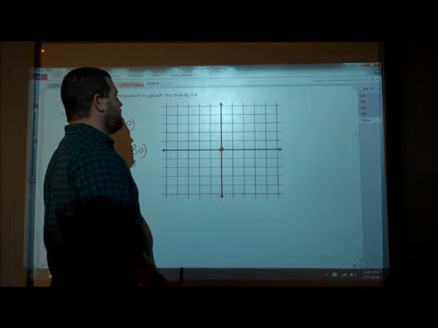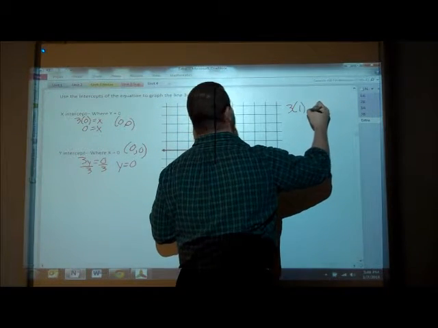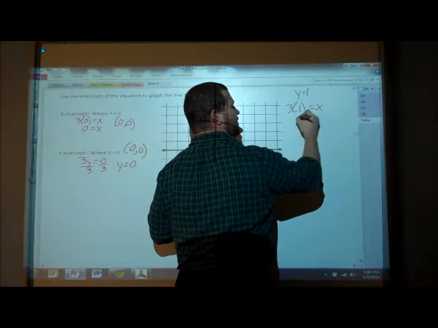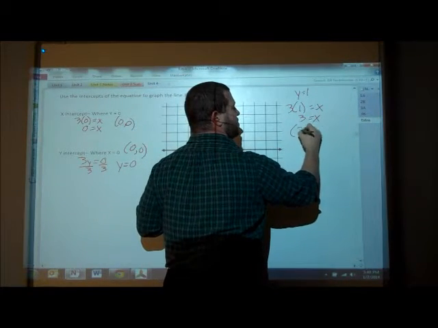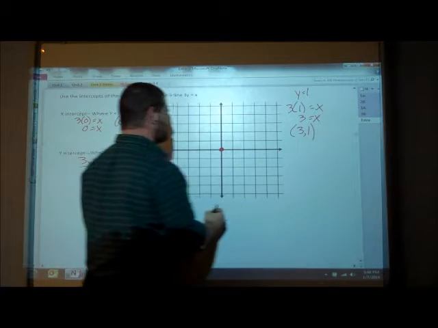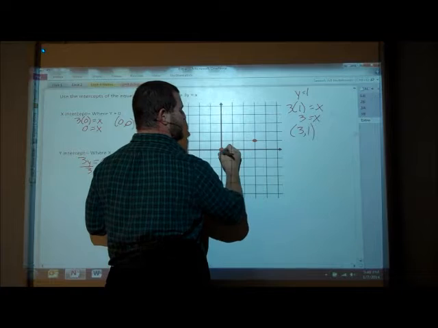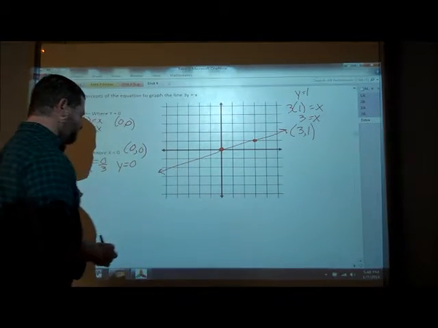So I'm going to plug in y equals 1. So I'm going to go 3 times 1 equals x. So therefore 3 equals x, and my ordered pair will be 3, 1. 1, 2, 3, 1, and there we go. Draw my line, and I'm good to go.